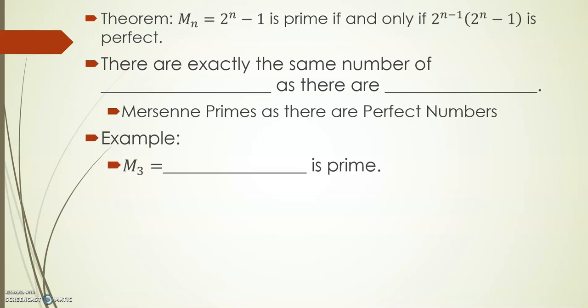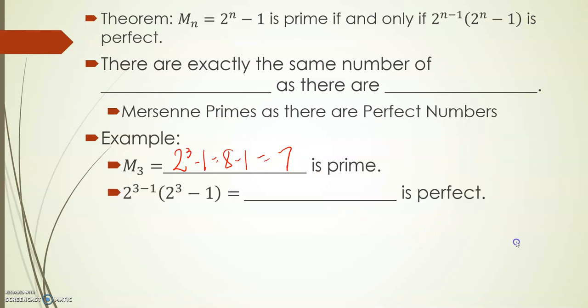Example, M sub 3 equals 2 to the third minus 1, which is 8 minus 1, which equals 7. Then 2 to the second times (2 to the third minus 1) is 4 times 7, which equals 28.